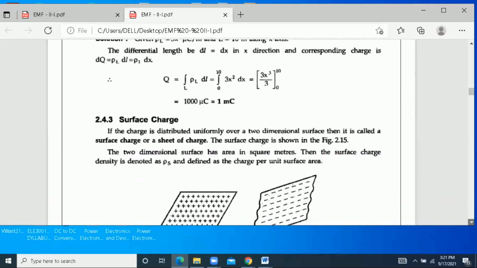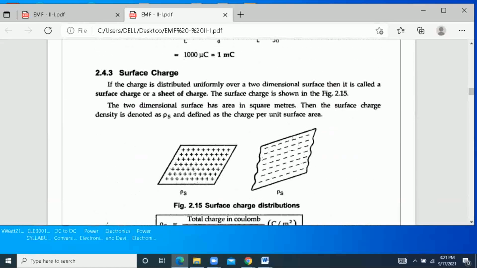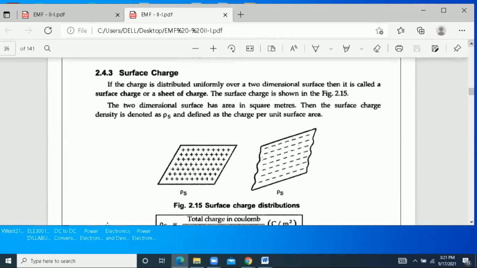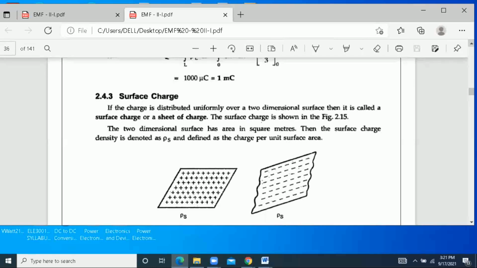All right, so that's a line charge. Like I said, you can have a surface charge. Your surface charge density is denoted as rho s, and your surface can be of any shape.